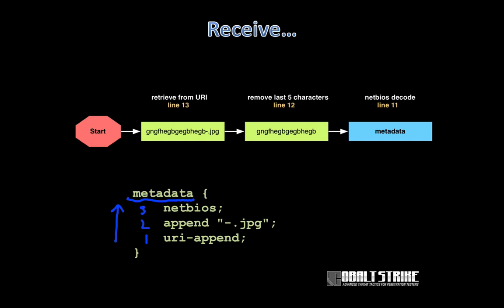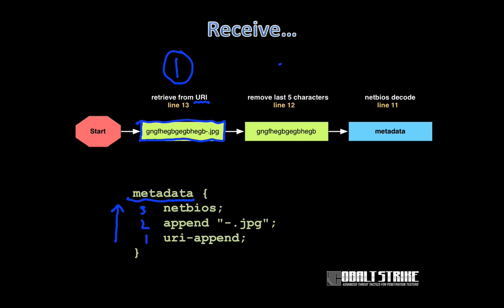So let's go ahead and start. First, step 1 is to retrieve our encoded blob from where it's stored in the transaction. In this case, that's in the URI. So we strip this thing off of the URI, and so we've got that.